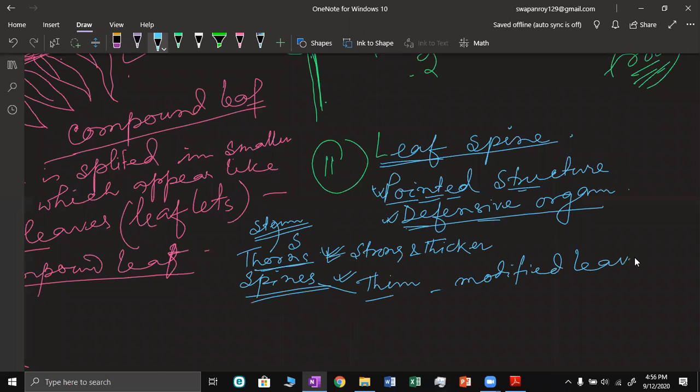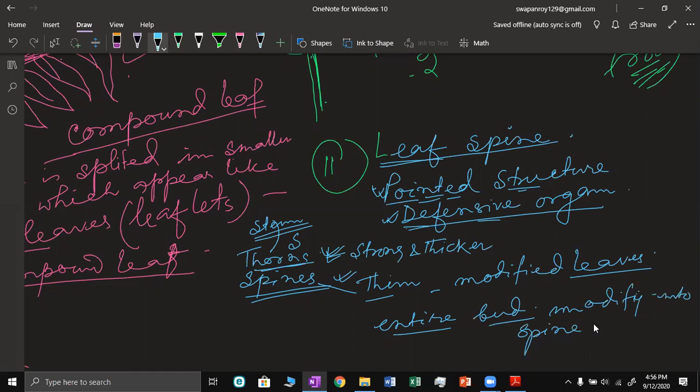Modified leaves. Sometimes the entire axillary bud is modified into a spine.